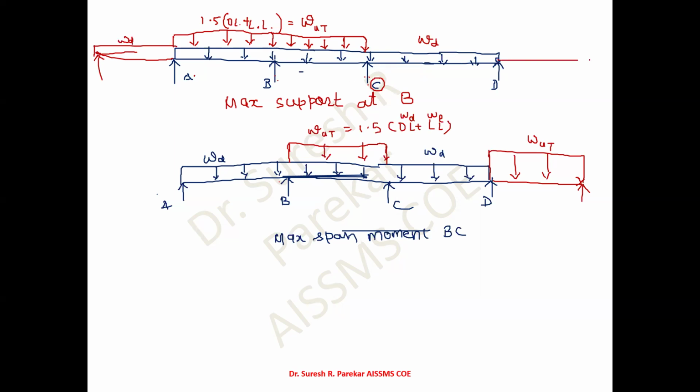If you are on this side again, then we have WUT. Alternate, we have WUT. So the spans adjacent to the support, we have WUT. Adjacent to these spans, we have WD. Again, adjacent to it, WUT in the same fashion.